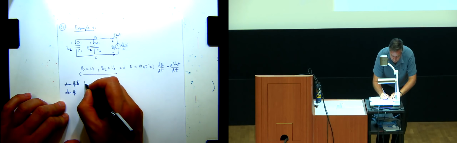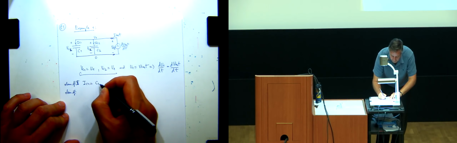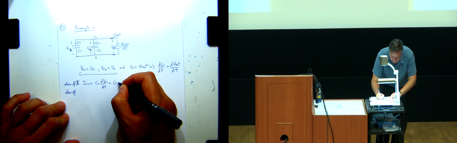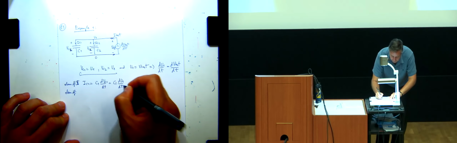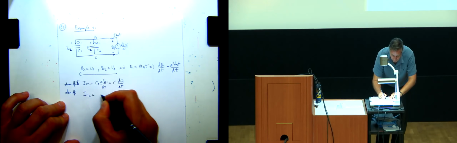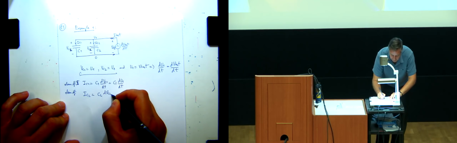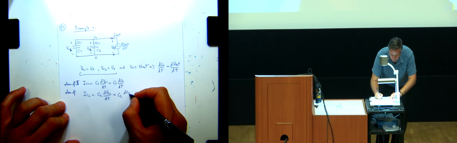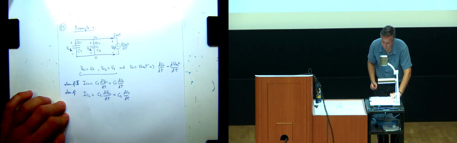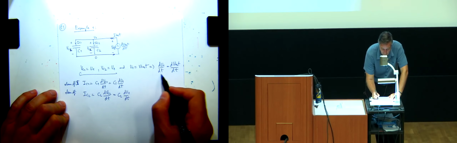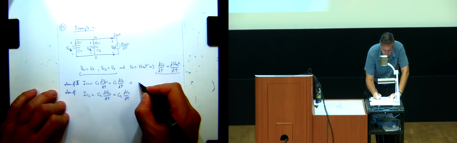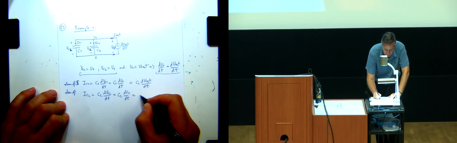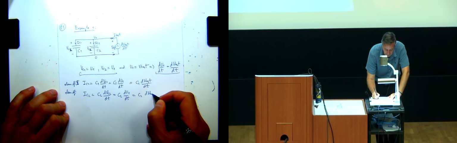IC1 equals C1 dVC1 dt. So that's C1 dU1 dt. And IC2 equals C2 dVC2 dt. And that's C2 dU1 dt. Well, from this one over here, I know that this is C1 dV test dt. And this is C2 dV test dt.